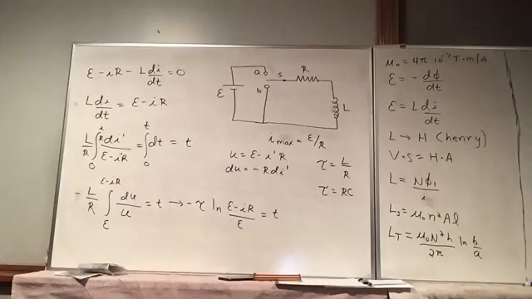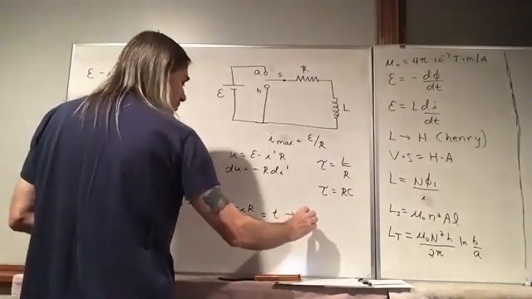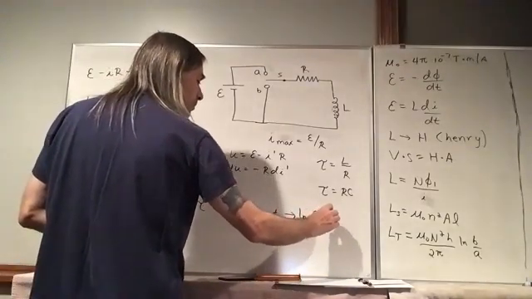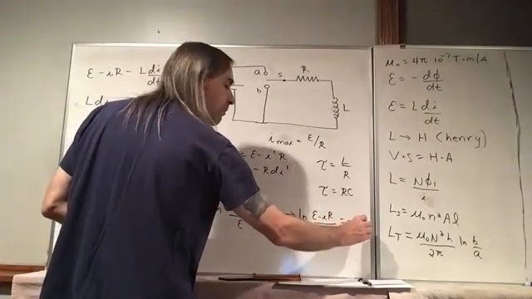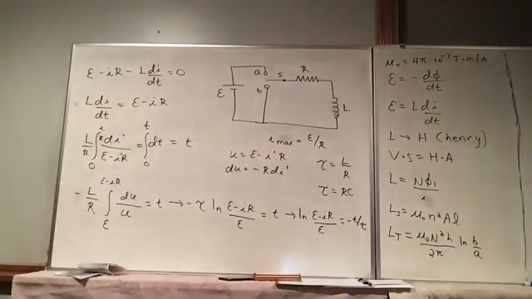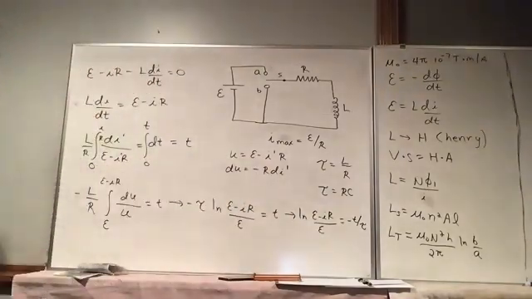All right, so I'm going to divide by minus tau. So the natural logarithm of epsilon minus IR over epsilon is minus t over tau. And we can undo this just from the definition of how logarithms and exponentials are related to each other.